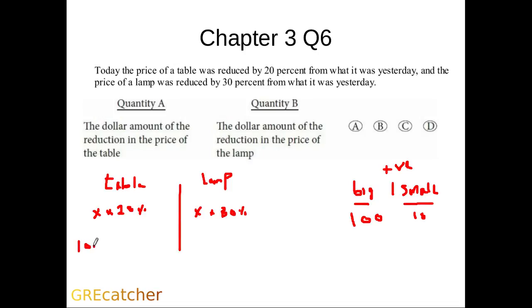I want 20% of this. 20% of 100 is 20. So you have here reduction by $20. If the lamp is equal to $10 and you want to reduce 20%, it will be reduction by $2.